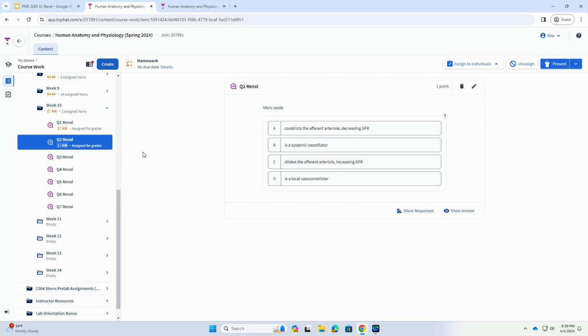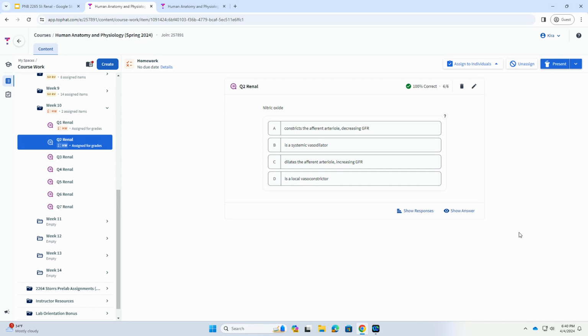Nitric oxide, what does it do? Okay, so the first one, A, is constricts the afferent arteriole, decreasing GFR.